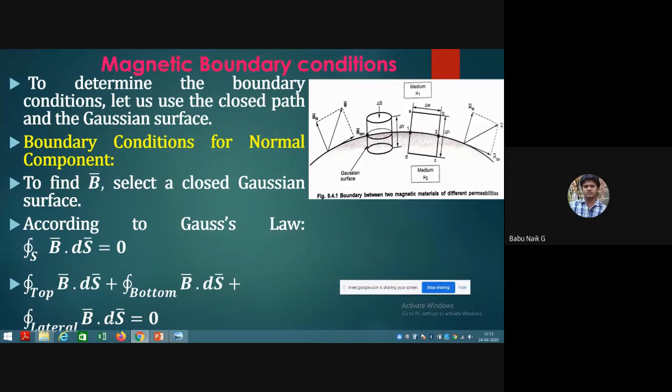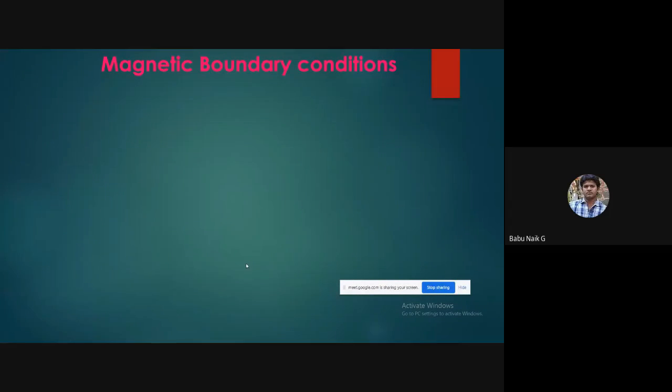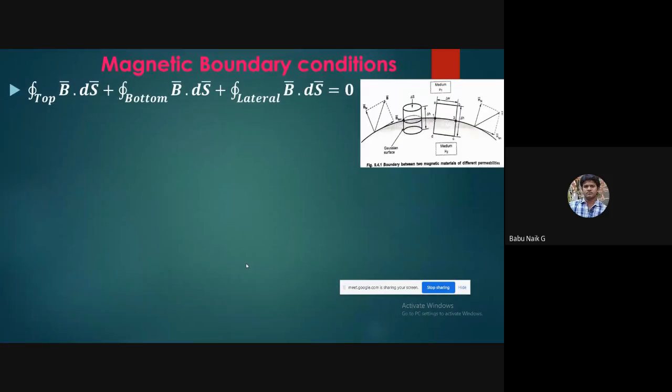You can evaluate the overall integration, top, bottom and lateral, which is equal to 0 here. Our main concentration is on the boundary condition only, not on either side here. So only on the boundary condition are we calculating the magnetic field and the magnetic flux density.